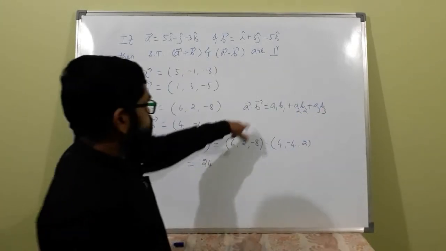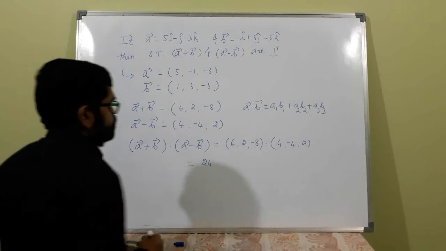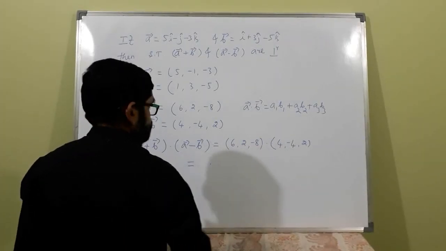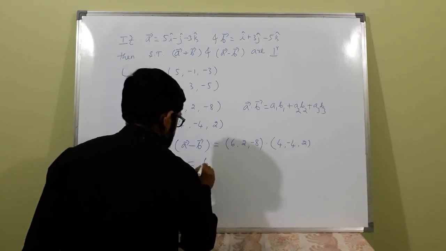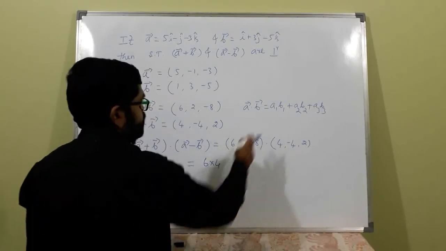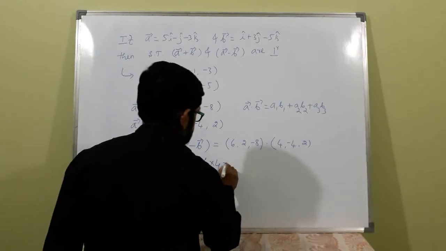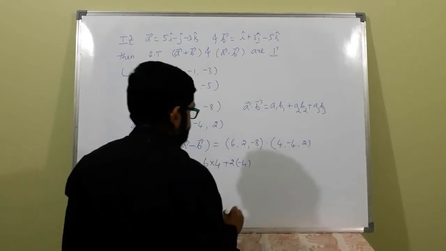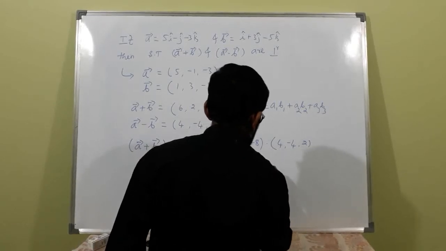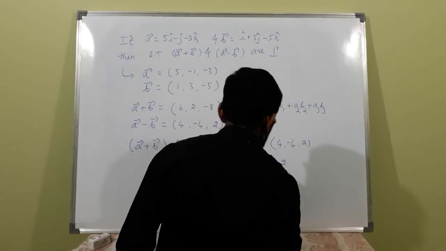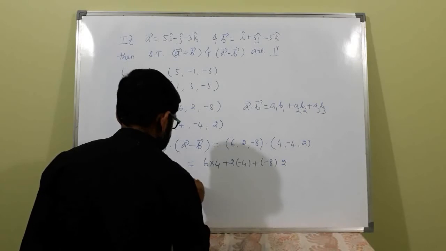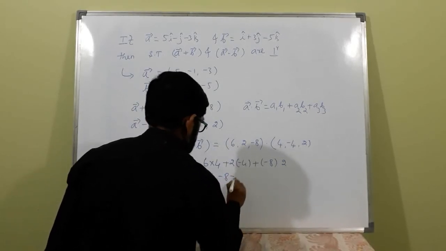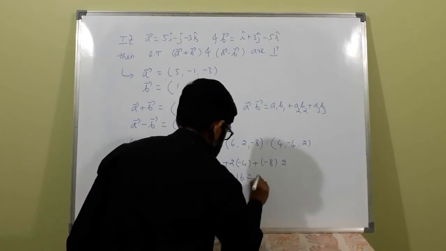I am using this rule. 6 into 4, plus 2 into minus 4, plus minus 8 into 2, that is 24 minus 8 minus 16, which is equal to 0.